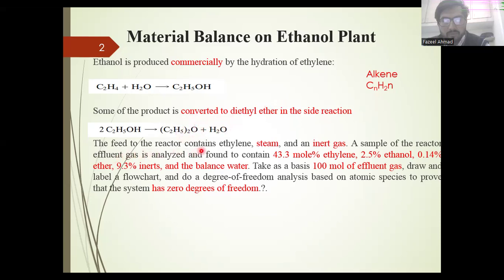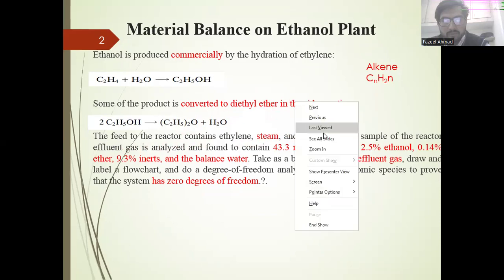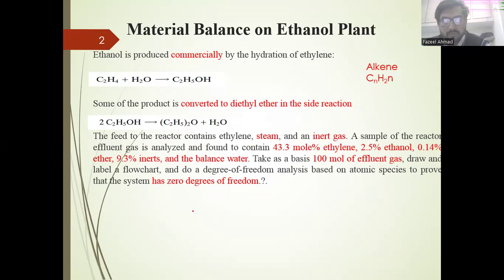The feed to the reactor contains ethylene, steam and inert gas. I'm just drawing this on the flow chart. First of all, you have to draw the reactor. Here 3 reactants are coming: first steam, second ethylene, and third inert gas.